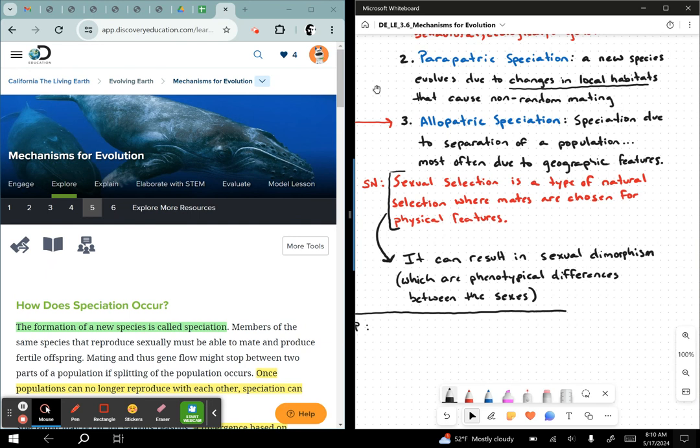In one of the videos in your text, they show white and brown, some kind of rodent, I forget if it was a rabbit or a mouse, on the mountainside. There was snow on the top of the mountain, so white mice blended in nicely there. And there were brown furry animals down lower where there wasn't snow, and they blended in really well there.